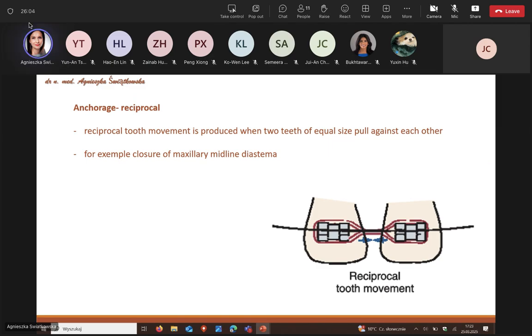We add the same force to these braces, and we expect that each tooth achieves the same mesialization to close this space.